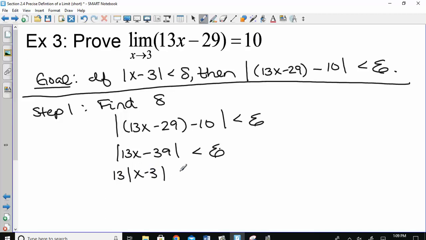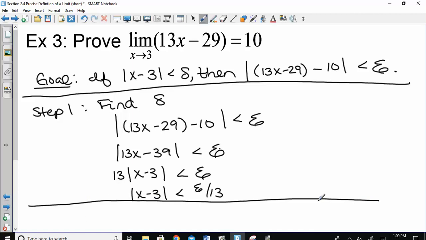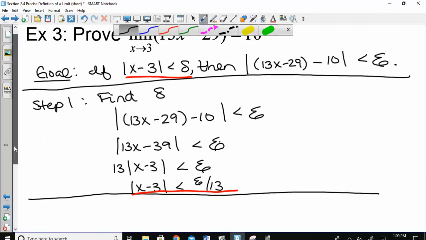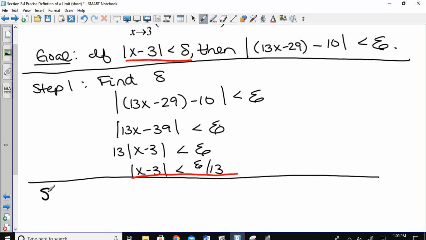Divide by 13. And then what do we do? Okay, that's our work, what we just found there. We said the absolute value of x minus 3 has to be less than delta. We got that the absolute value of x minus 3 is less than epsilon over 13.